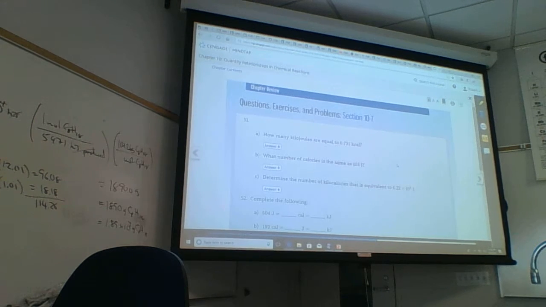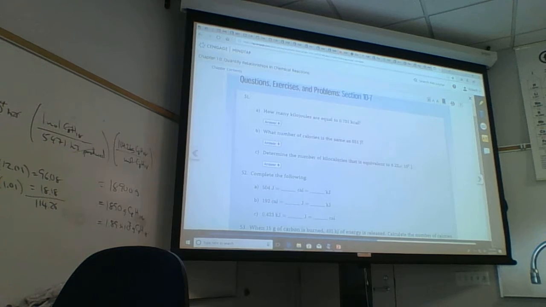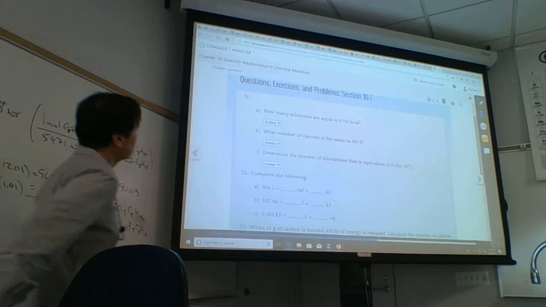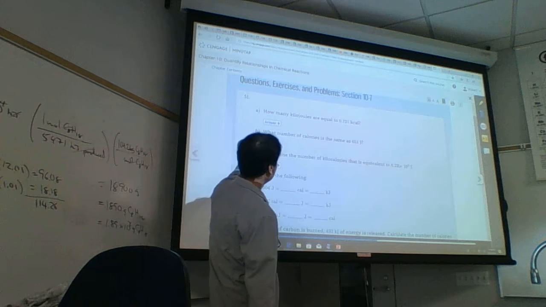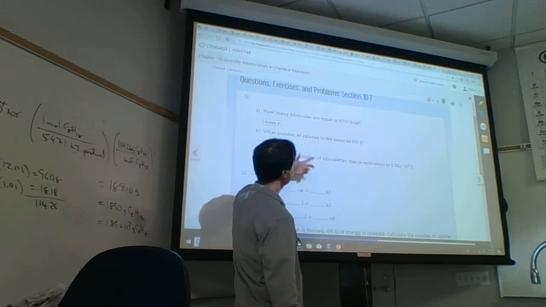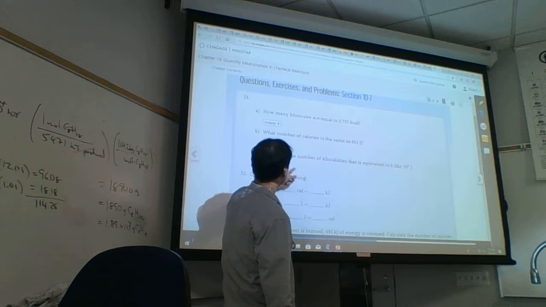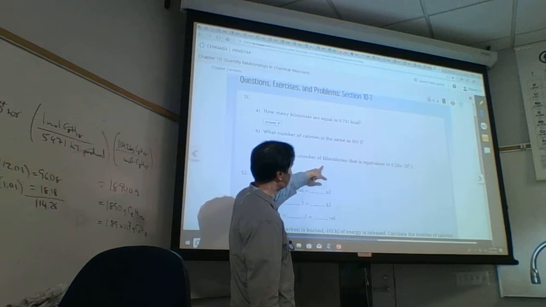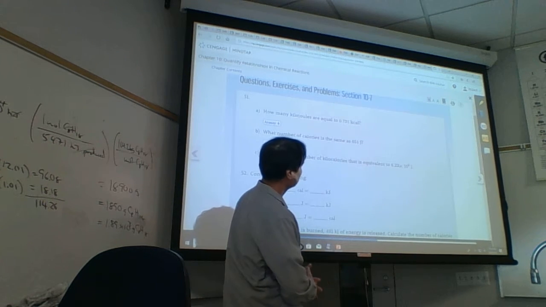Okay, then we go on to 51, and these are energy conversions here, kilojoules. So we do kilocalorie to calories, calories to joules, joules to kilojoules. That's how I do it. How many calories? 651 joules. I just go joules to calories. Determine the number of kilocalories equivalent to 6.22 times 10 to the third joules.